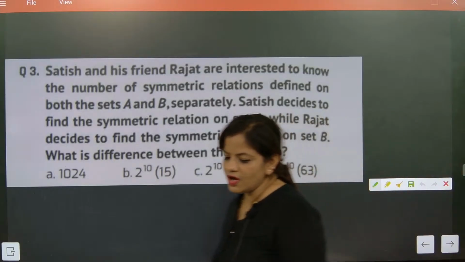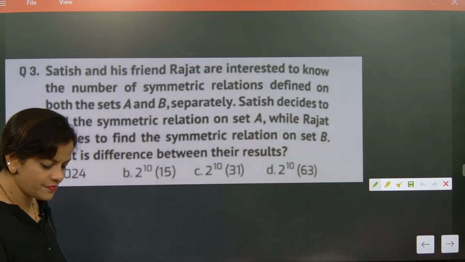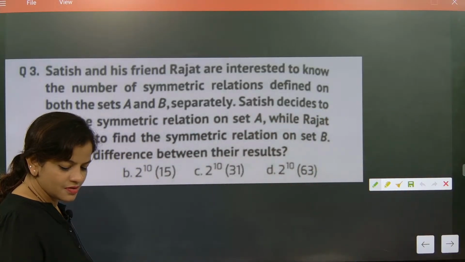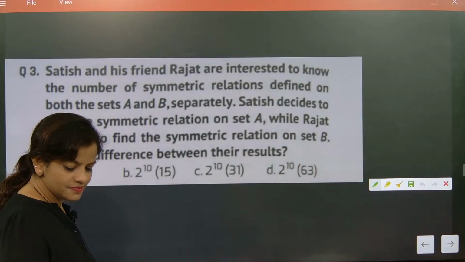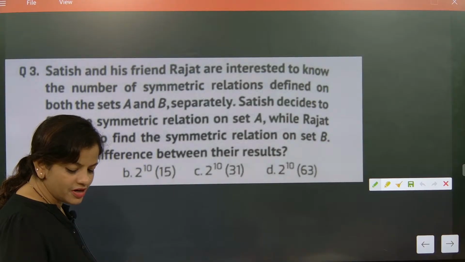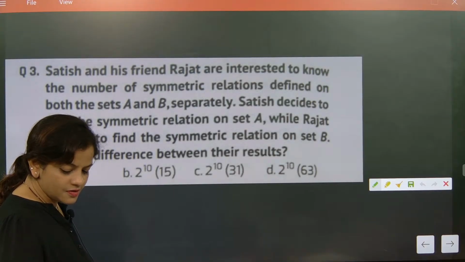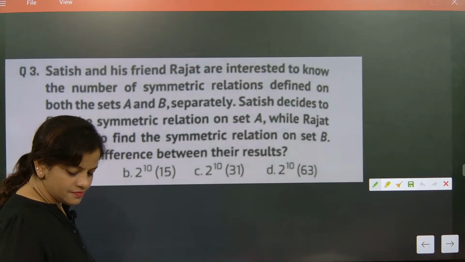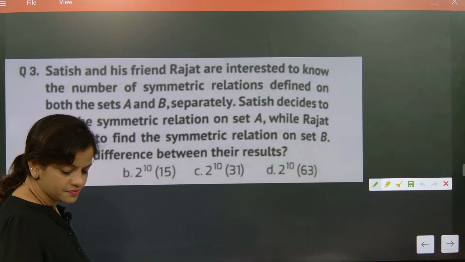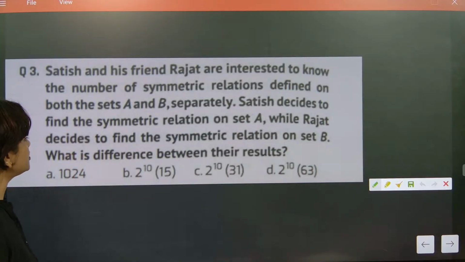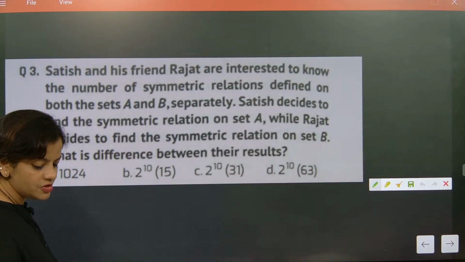What is the formula for symmetric relation? Come on, say.